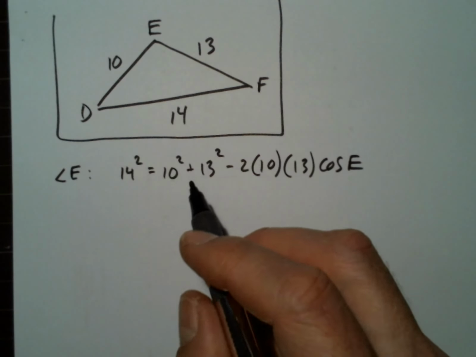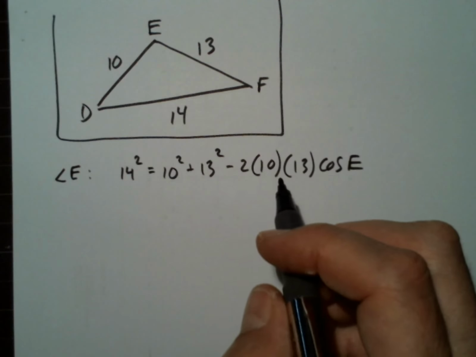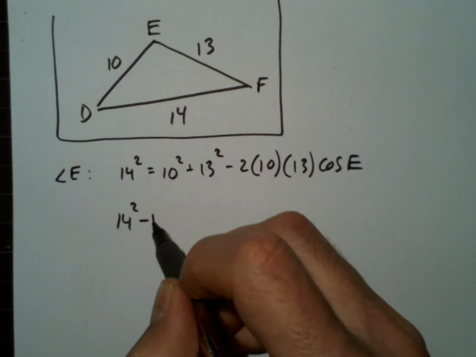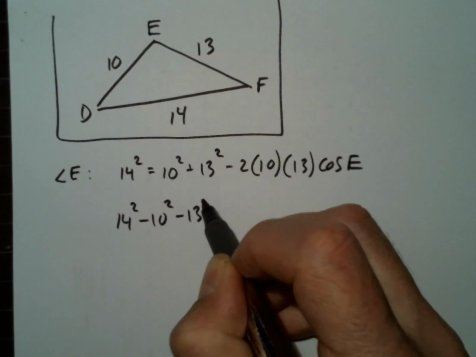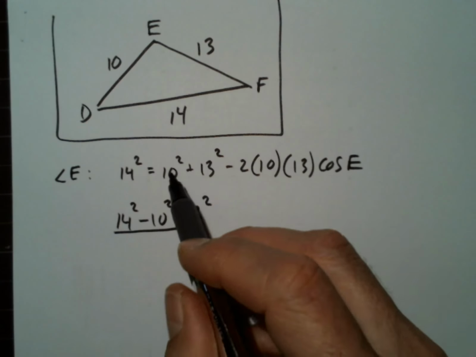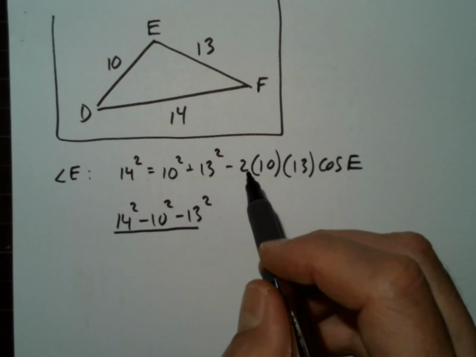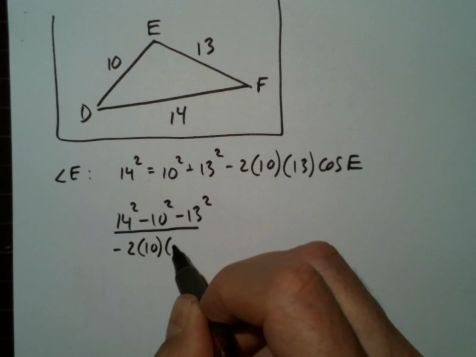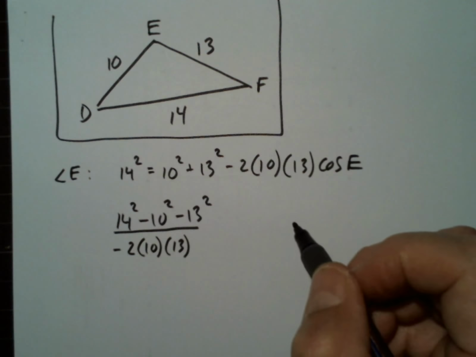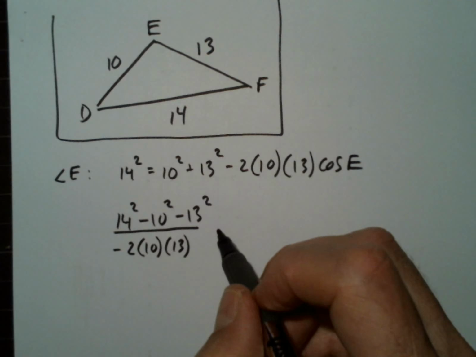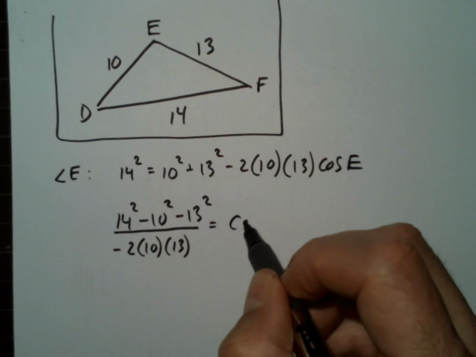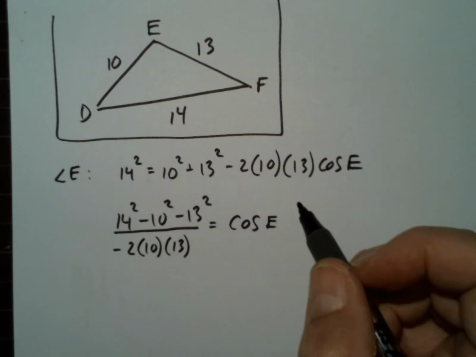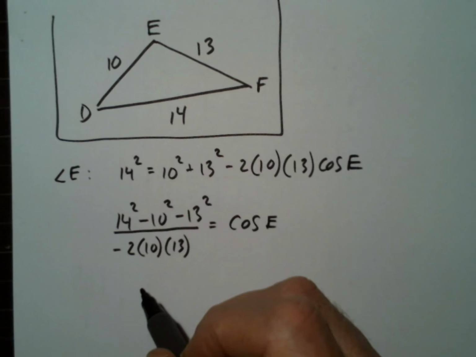We're going to use the calculator, so we don't have to simplify anything. We can just have 14 squared minus 10 squared minus 13 squared. Subtract this, subtract that, and divide by this. Then we can just do inverse cosine of both sides.